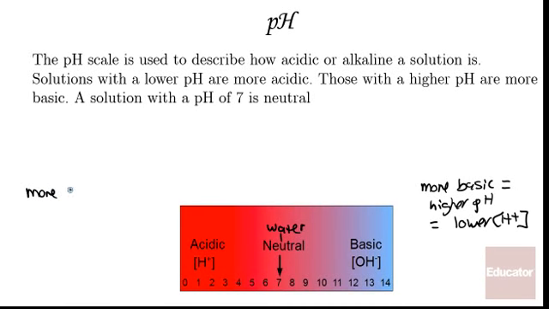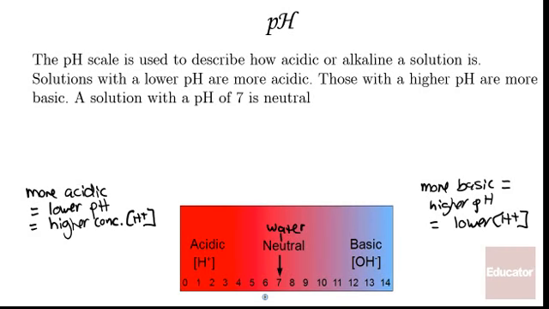More acidic: remember that if something's an acid, it donates hydrogen ions, so more acidic equals a lower pH, and that is going to equal a higher concentration of hydrogen ions. So the scale moves the opposite way as the concentration of hydrogen ions.